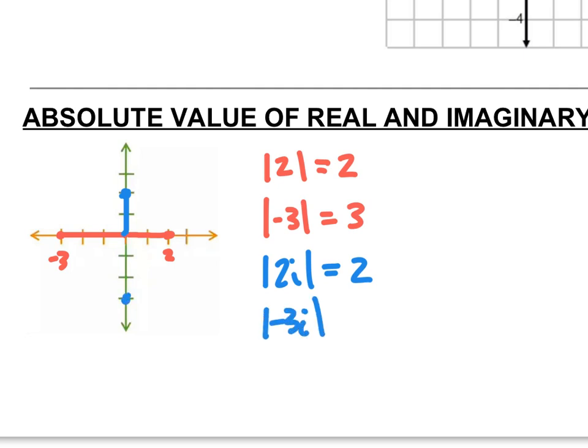Then I would go down to negative 3i. What's the distance from that to the origin? That gives me a value of 3. So the rule of thumb is that when you take the absolute value of a real number, it's just positive. Same thing with imaginary numbers, but you drop the i and make the coefficient positive. So you drop the i here, make the negative 3 positive, and you just get a value of 3.